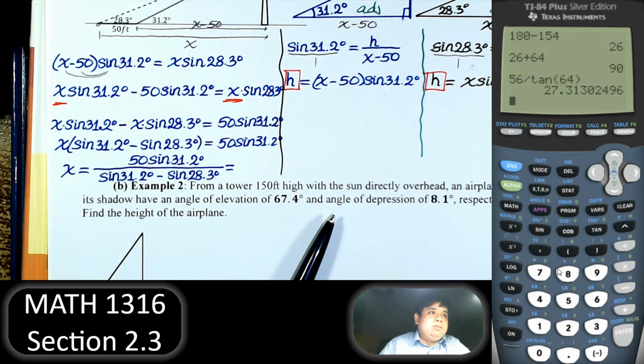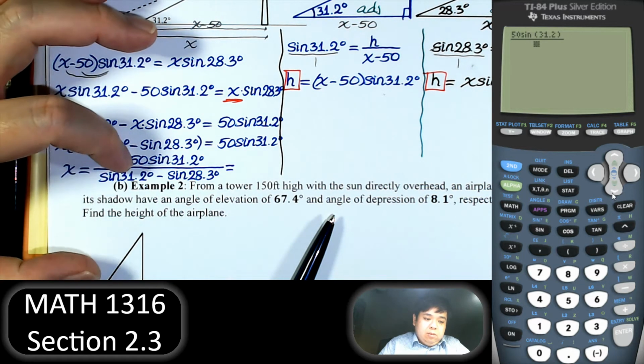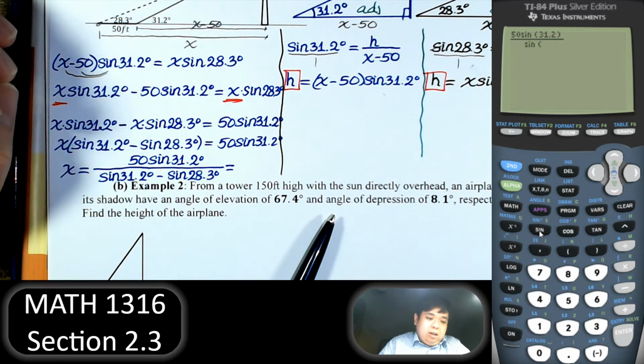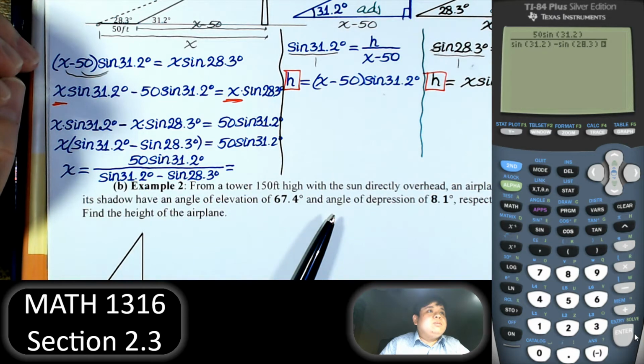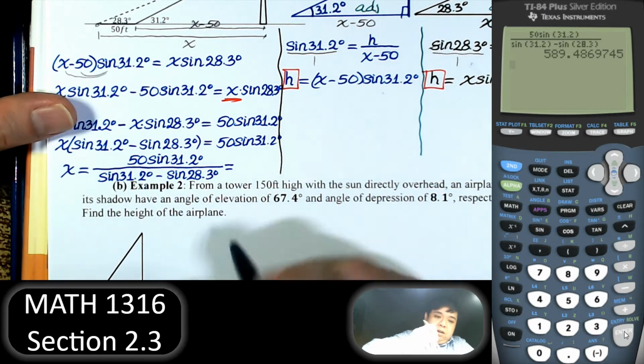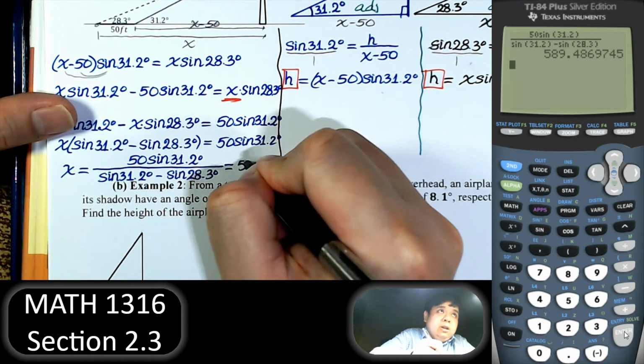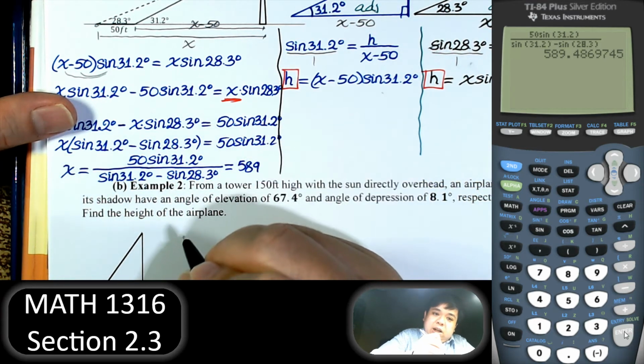So x equals 50 times the function of 31.2 divided by the function of 31.2 minus the function of 28.3. That is 589.